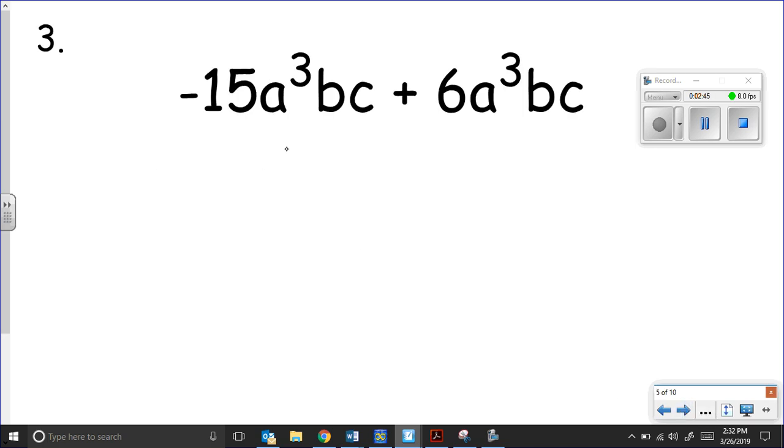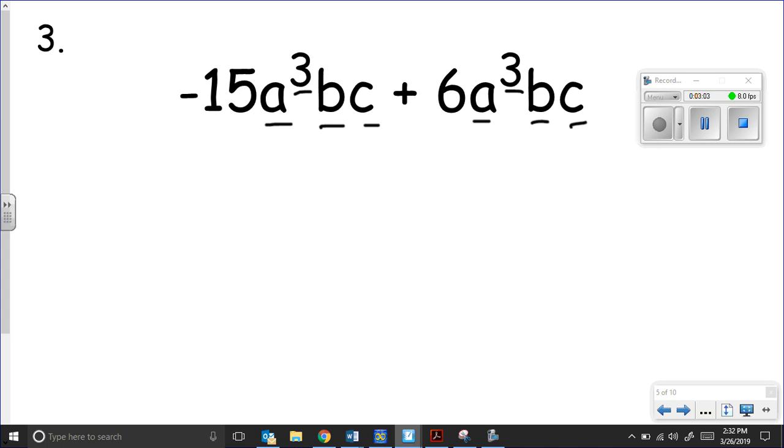All right, so let's look at example 3. They all have a, b, and c as variables. The a has an exponent of 3 in both, and both the b and c have exponents of 1, so we know they're like terms.